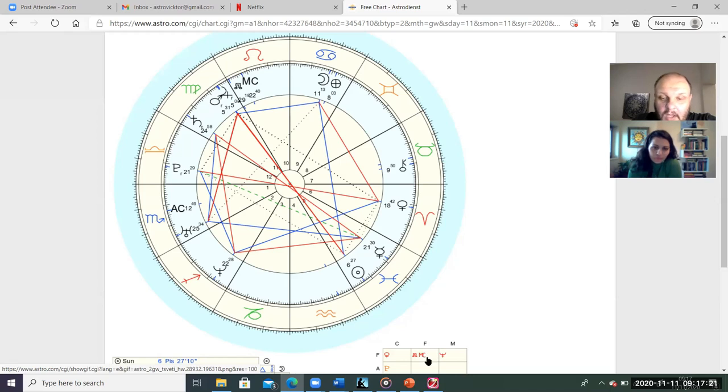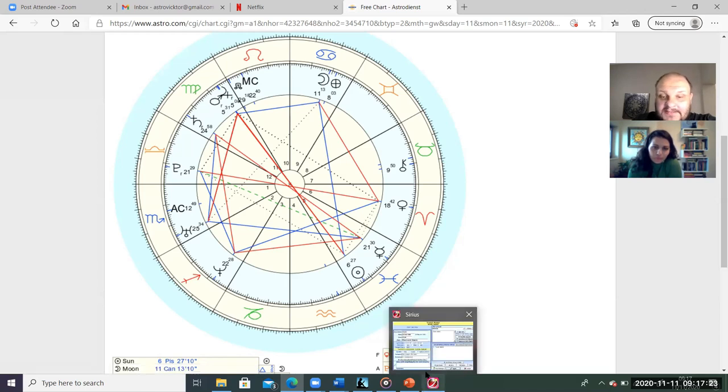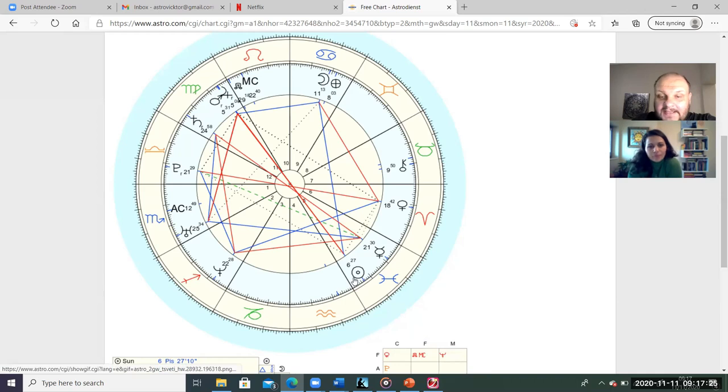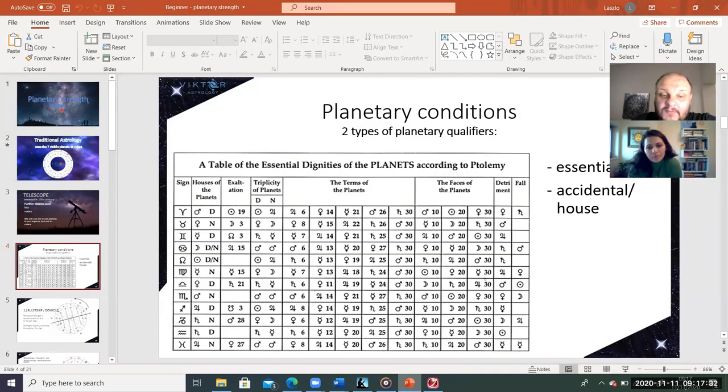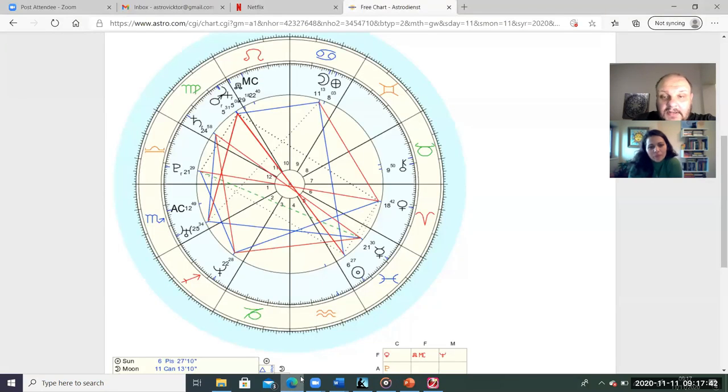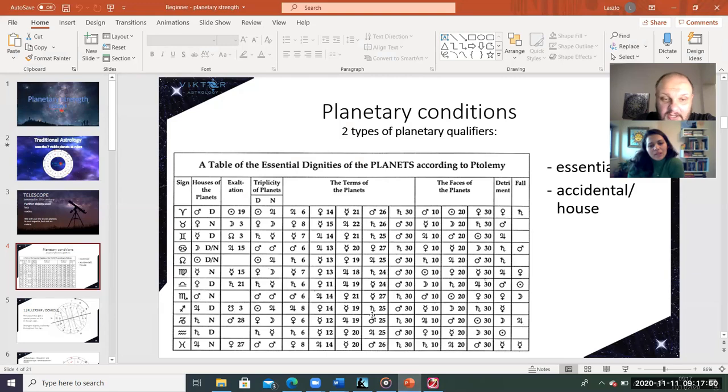Meaning that, for instance, her Sun is in Pisces, and Pisces, day or night, is ruled by Mars, so that's Mars. But if I look at a different planet, let's say Venus, Venus is in Aries, and again we're talking about a night chart.